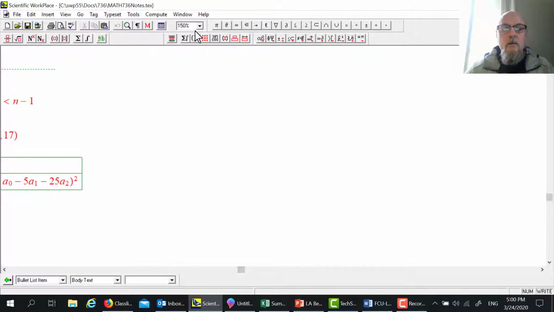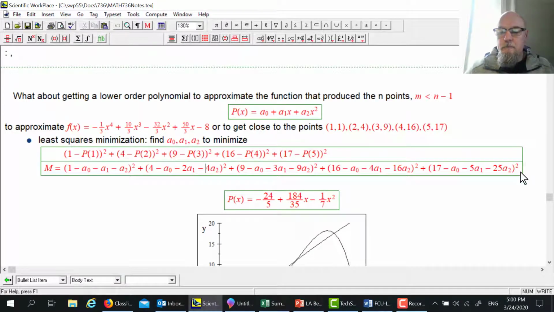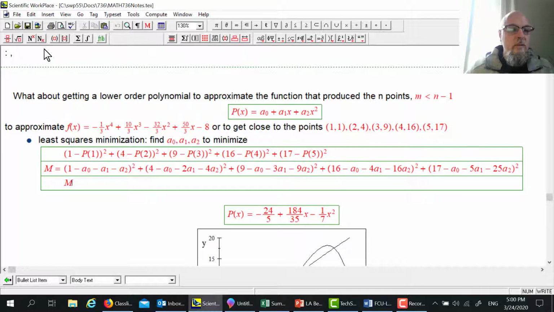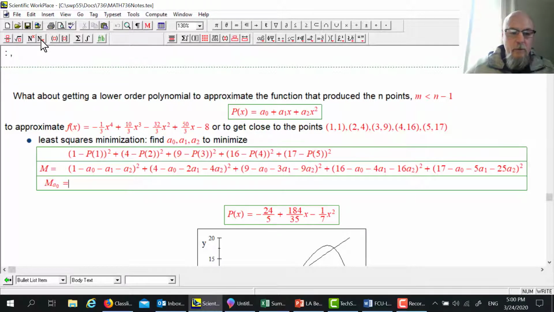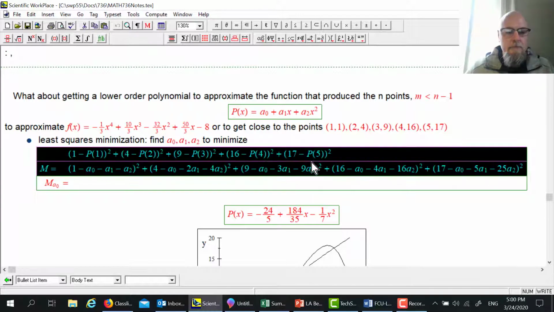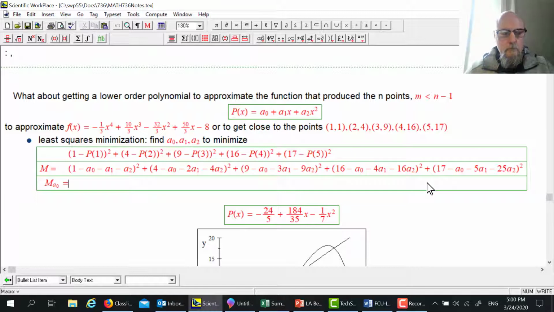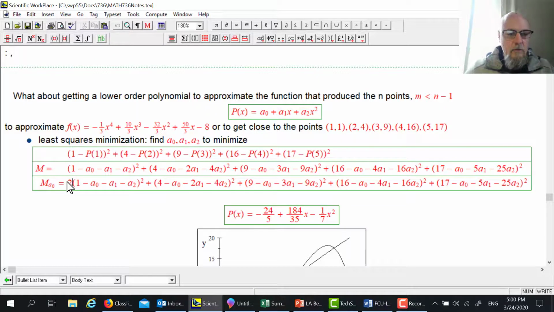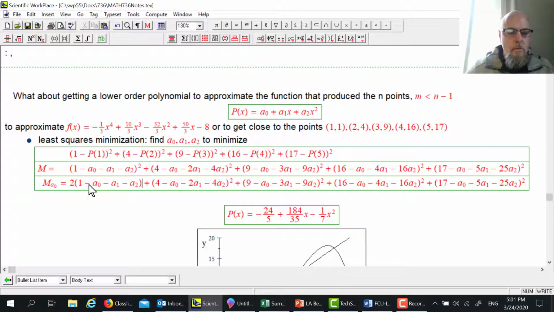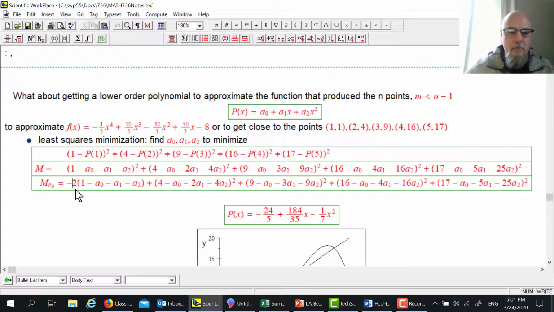Let me make this a little bit smaller. I want the derivative of m with respect to a0, so I have to differentiate all of these with respect to a0. That's going to give me one equation. The 2 comes down, subtract 1 from the exponent. The derivative of the inside with respect to a0 is minus 1.